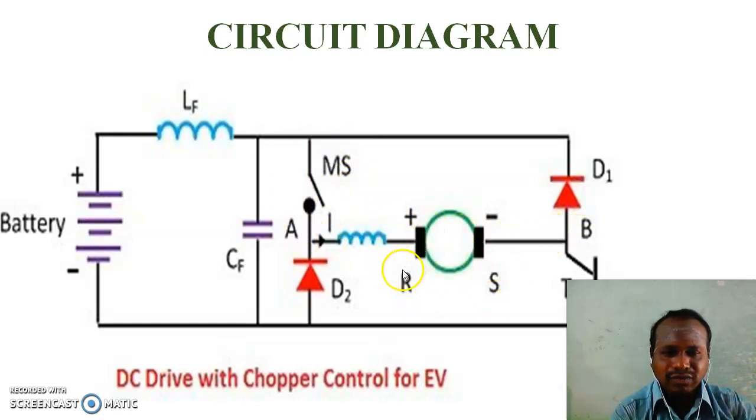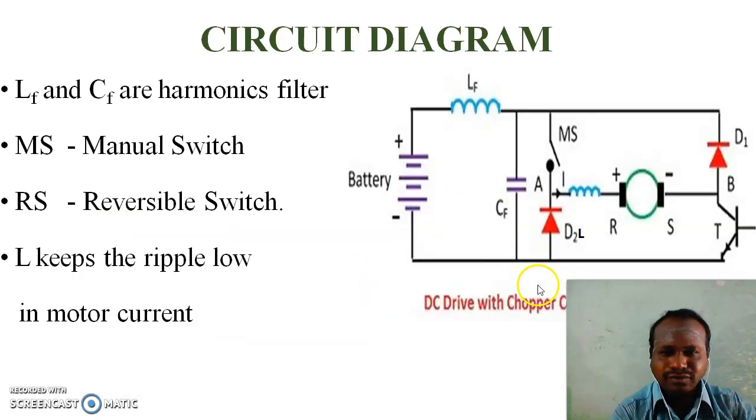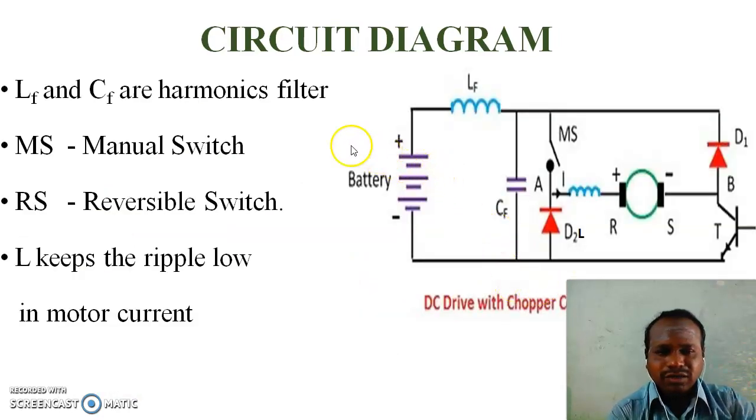RS is the reversible switch, where D1 and D2 are the diodes, and T is the thyristor. From the circuit diagram, this LF and CF are the harmonics filter. MS is the manual switch, RS is the reversible switch. This capital L, that is the inductor, keeps the ripple low in the motor current.